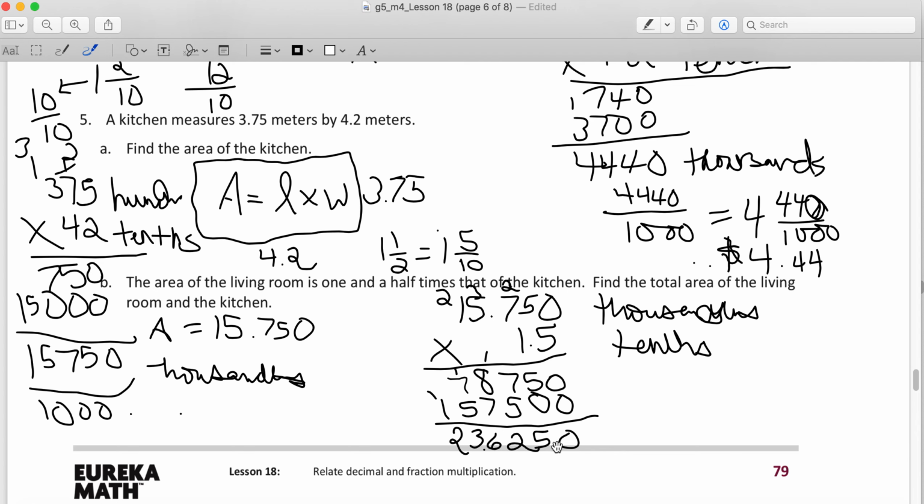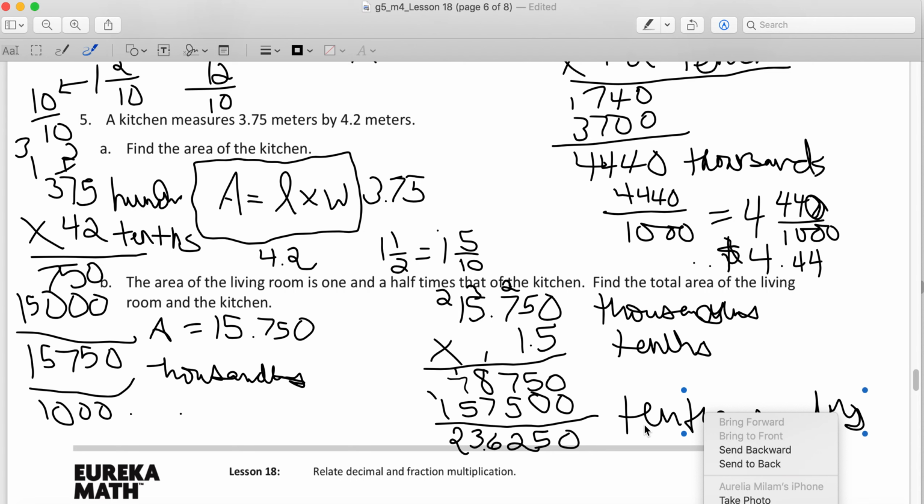And I can see that here. Got 4 decimal places. Tens, hundreds, thousands, 10,000s. So that's my language here. 10,000s.